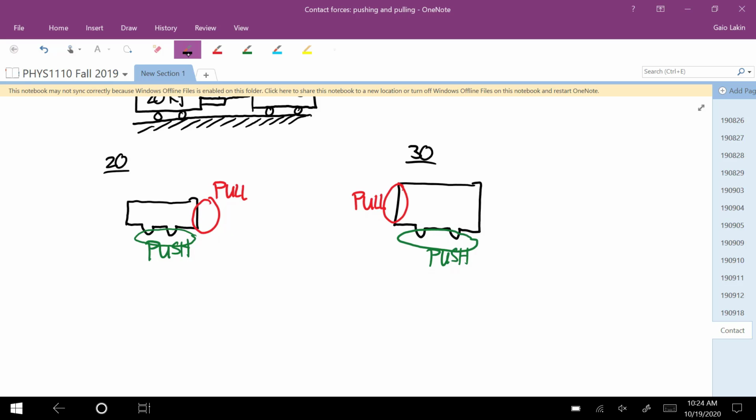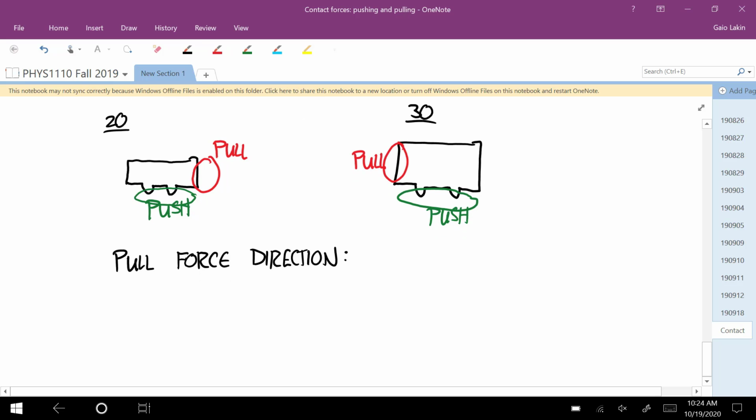So again, just like with pushing forces, there are rules for the direction of a pulling force. If you have a pulling force, the rule is, imagine that you replace that contact with a string. I'll call it a cable.